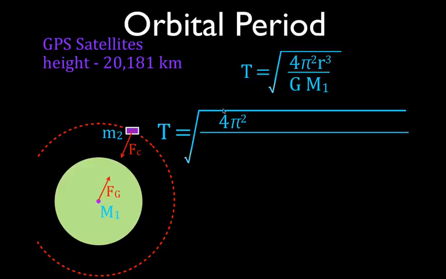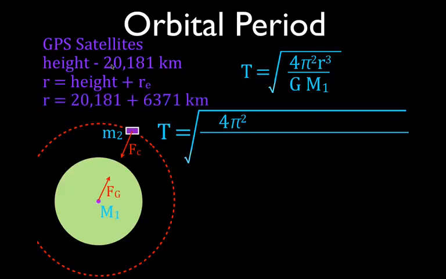Now we have to remember that the radius is the distance from the center of mass of the central object to the center of mass of the orbiting object. In this case, this would be Earth, this would be a GPS satellite. That would mean that the radius is really equal to the height above the Earth's surface plus the radius of the Earth. Well, we said the height is 20,181 kilometers. The radius of the Earth is 6,371 kilometers. So I add those together and convert to meters.